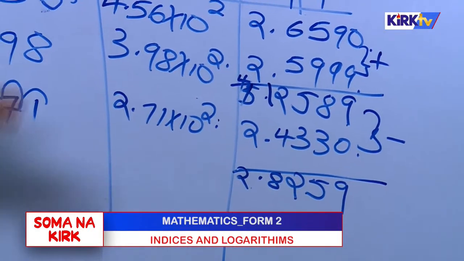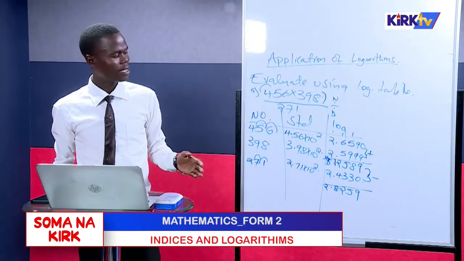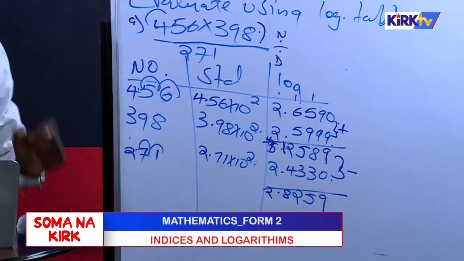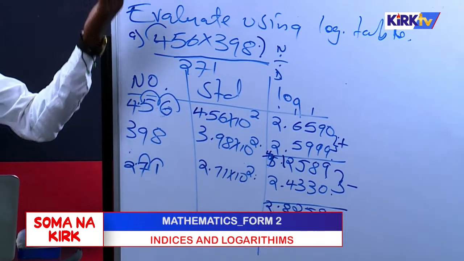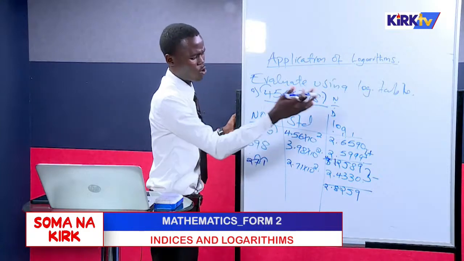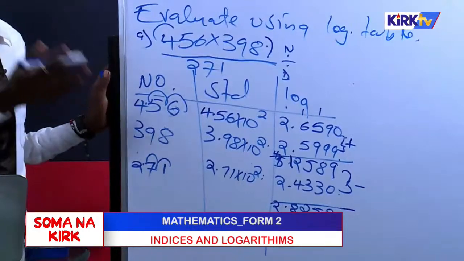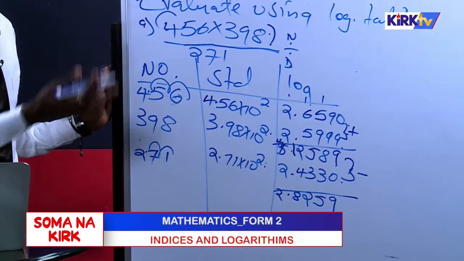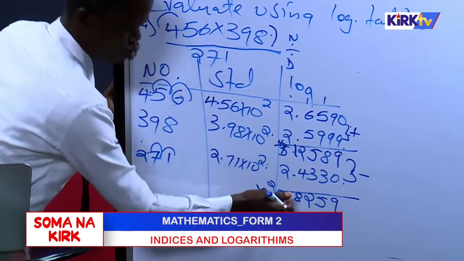Now, from here, what do we do? We find the anti-logarithm of this value. And just like I said previously, we don't just find the anti-logarithm of everything, my learners. The first thing is this number before the decimal point, which is 2. That is the power, so we say it is times 10 raised to power 2.